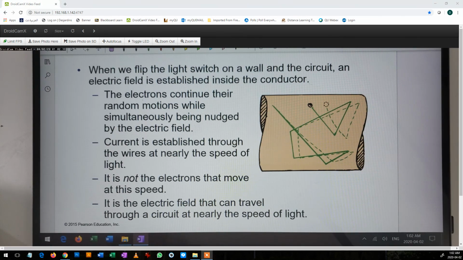While the electrical field is moving, it will push some electrons, but not the electrons that move at this speed. It is the electrical field that can travel through a circuit at nearly the speed of light. So what travels in the wires at the speed of light is the electrical field, not the electrons.